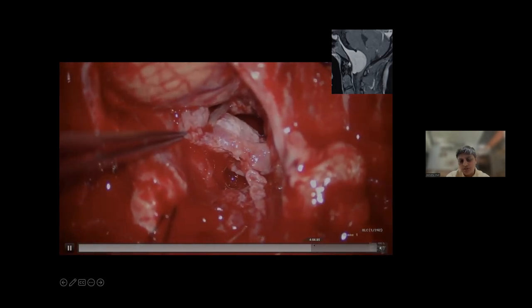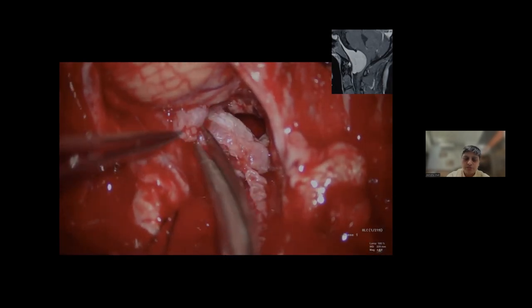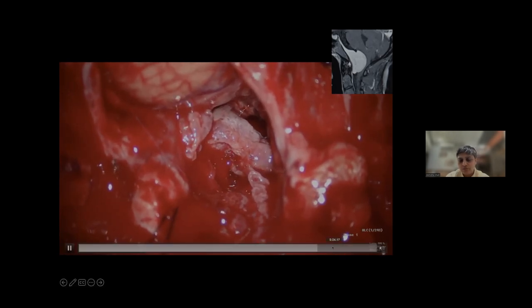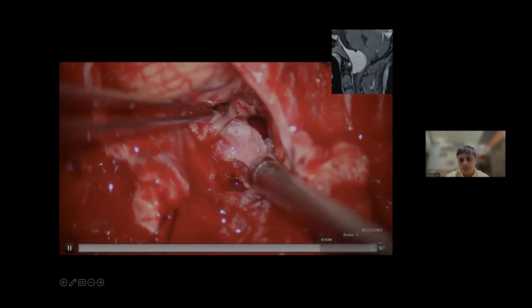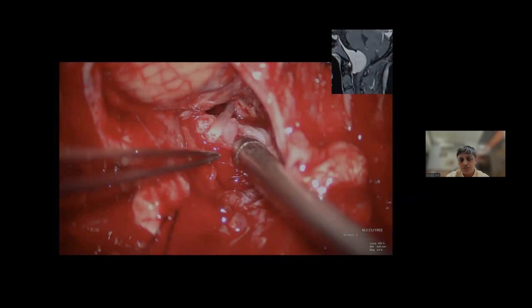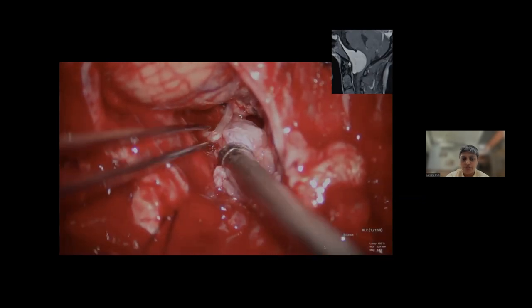The tumor is actually wrapped around the lower cranial nerve, and you have to cut it and then reflect it around the nerve and then remove the tumor, as you can see here, and just get the lower cranial nerves out of the way and preserve them completely.